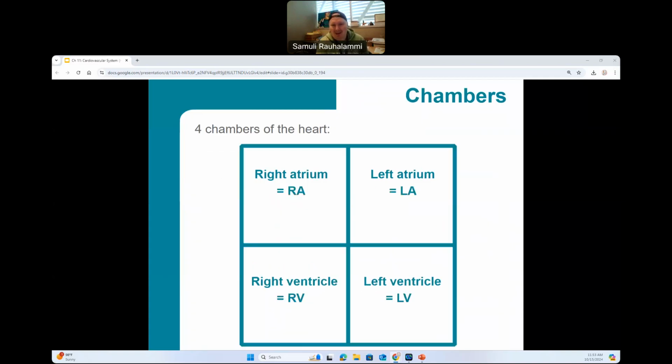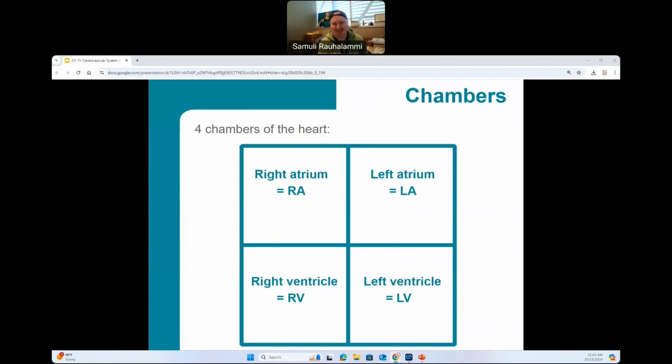So we have our simple heart diagram here, and notice that I use abbreviations to mark these chambers, simply to save our time. So right atrium RA, left atrium LA, right ventricle RV, and left ventricle LV. We can also add into this diagram the blood flow through the chambers of the heart.